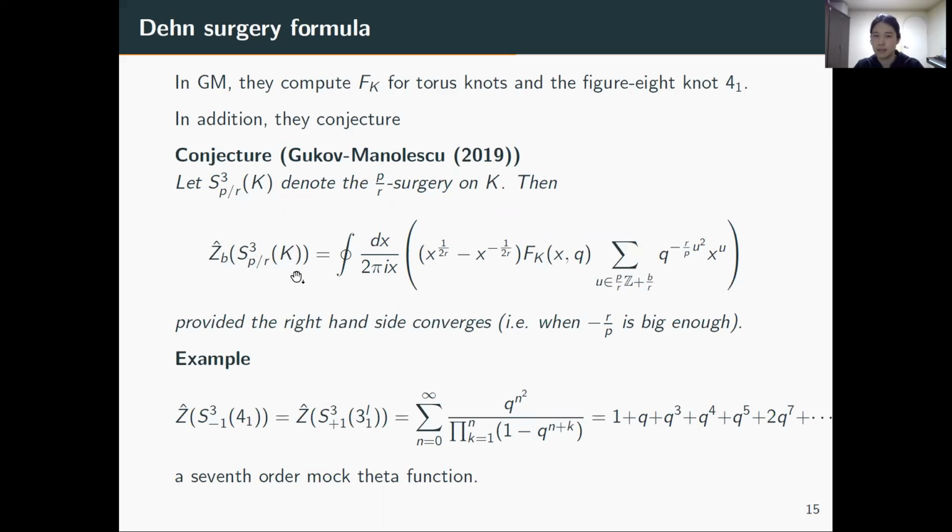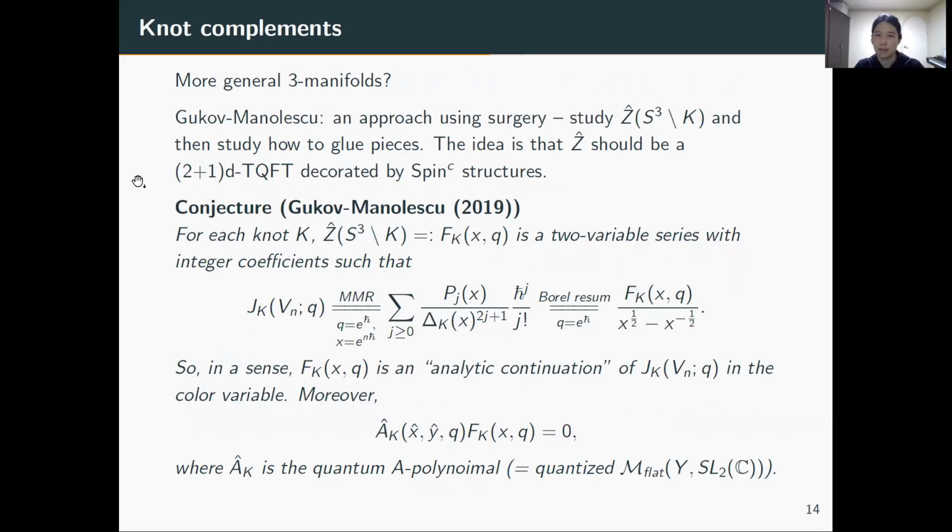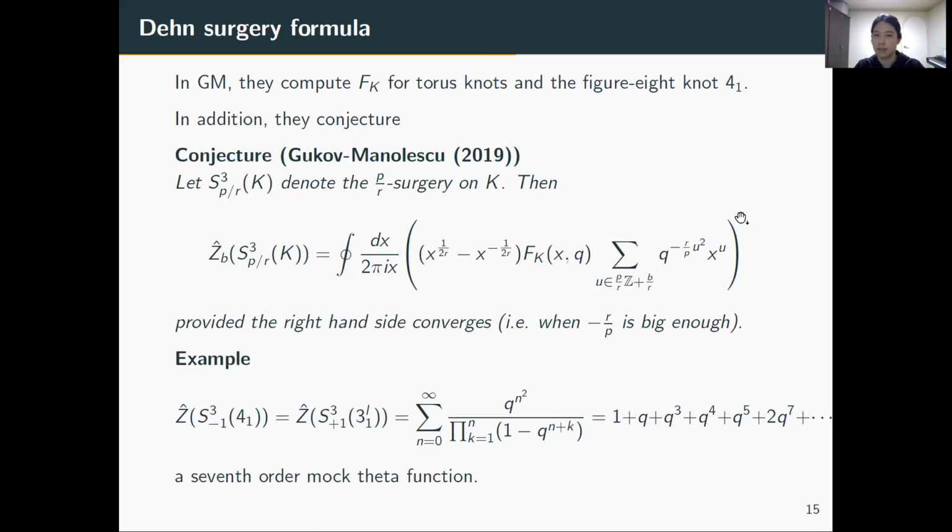As you can see, this is more or less in the same form as the previous formula that we've seen, because we have this contour integral. Basically, it picks up the constant term of whatever is inside the parentheses, and we have this version of theta function here. And here we have F_K, and this additional factor can be thought of as coming from the solid torus that we are gluing in.